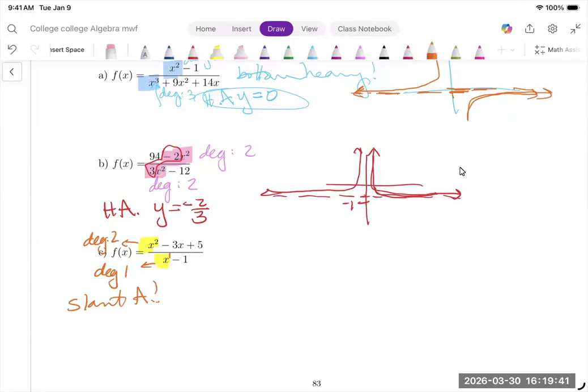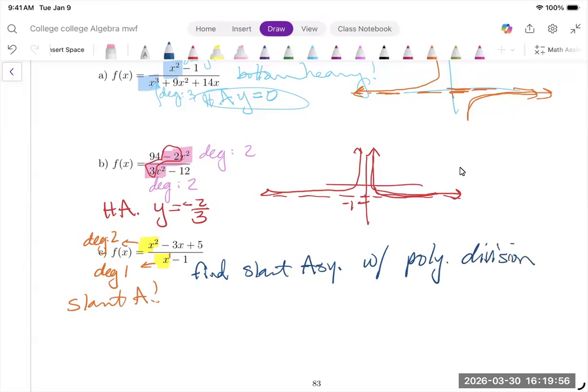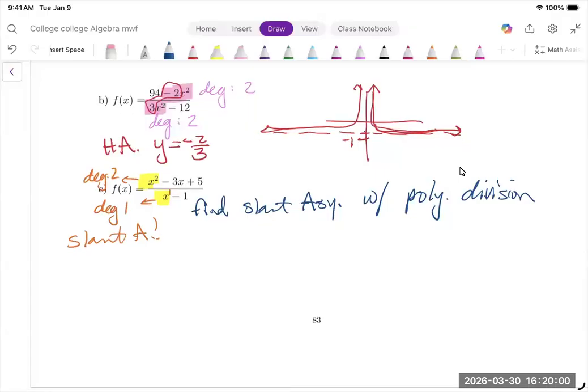Your favorite pastime, polynomial division. Find slant asymptotes with polynomial division. One reason why we learned polynomial division. This one, we can use synthetic division because it is just x minus 1 as the divisor.